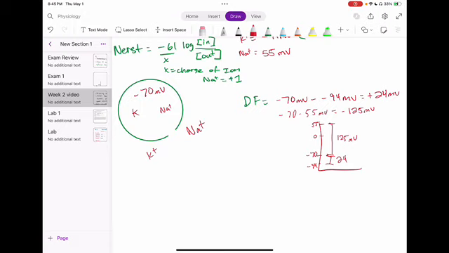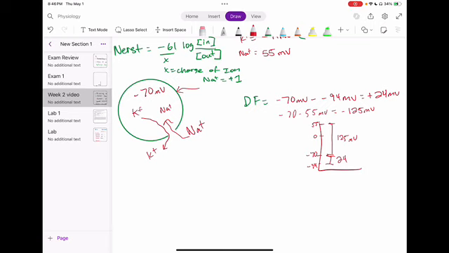So this potassium is going to try coming into the cell because it really wants to lower that. And this potassium, it having a positive charge, knows the only way to keep this negative number low is to leave as well. So we have a constant flow.